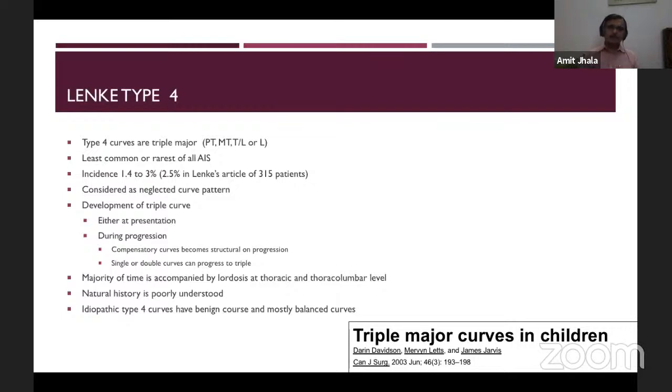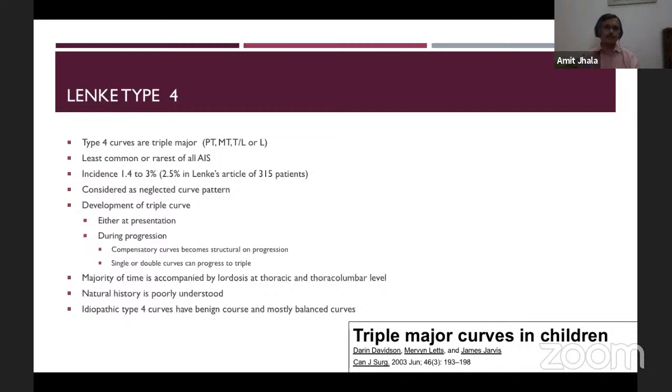The majority of the time it is accompanied by lordosis, because they are actually type 1 or 2 curves which are going into type 4 curves. The natural history of type 4 curves is poorly understood because of the rarity, and we don't have long-term follow-up available for the natural history.